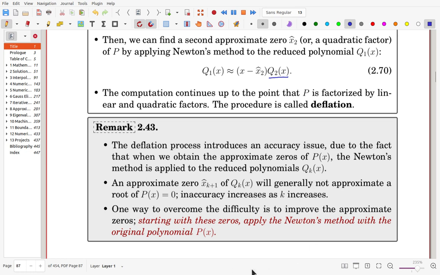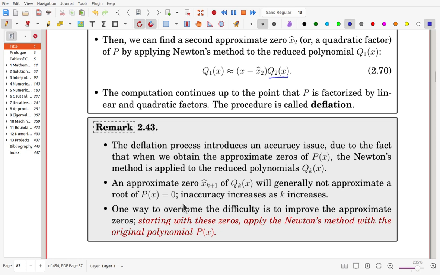Now here, for each factor, we are using Newton's method, and also from the quotient we try to find another one, so that an approximate zero x_{k+1} hat of Q_k will generally not approximate a root of p0.